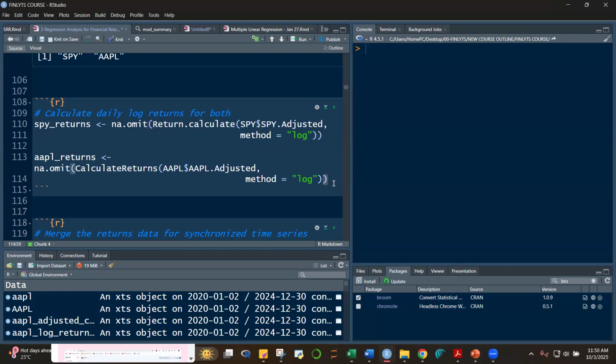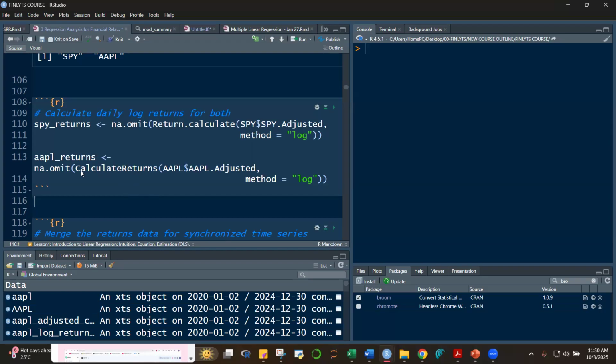So when you take a look at this, hopefully, if you have been faithful to reviewing your lessons and being committed to learning, class, I'm sure you'll understand this already. So here, on the other hand, we're computing Apple returns. Again, na.omit. This time we're using CalculateReturns, which is also from PerformanceAnalytics, the same package. So we're just using two different functions which give us the same answer, just to be exposed to other functions.